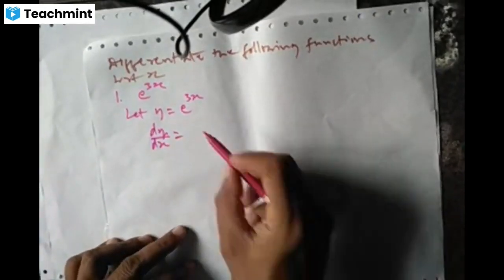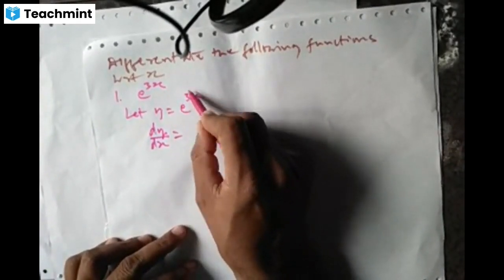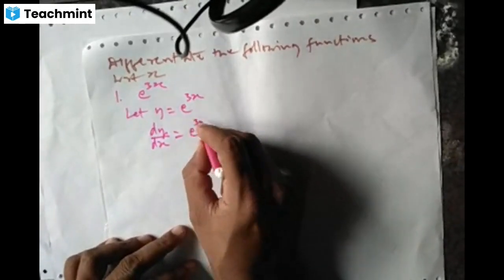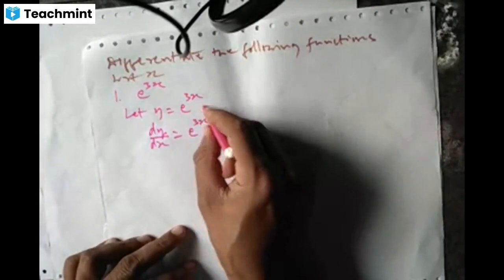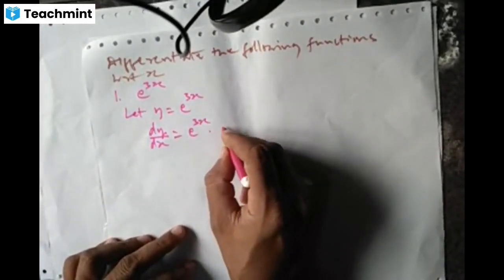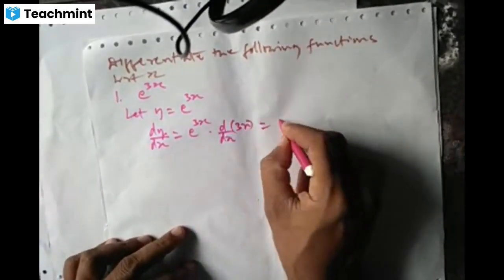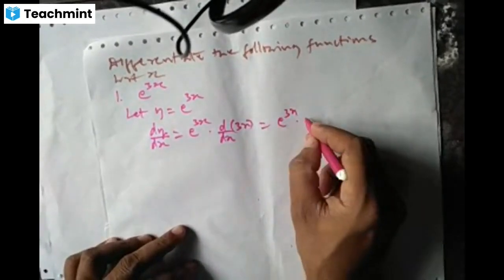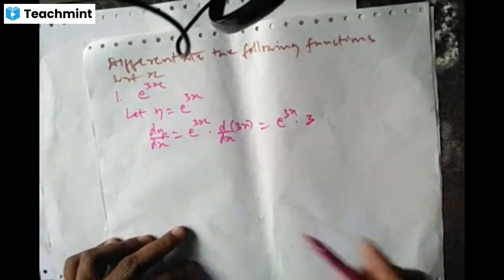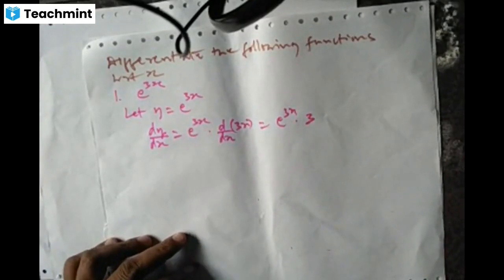So dy by dx is equal to, you just assume 3x as u. What is the derivative of e power u with respect to u? e power u, right? So we get e power 3x into d by dx of 3x. So we get e power 3x into the derivative of 3x, which is 3. So the derivative of the given function is 3 into e power 3x.